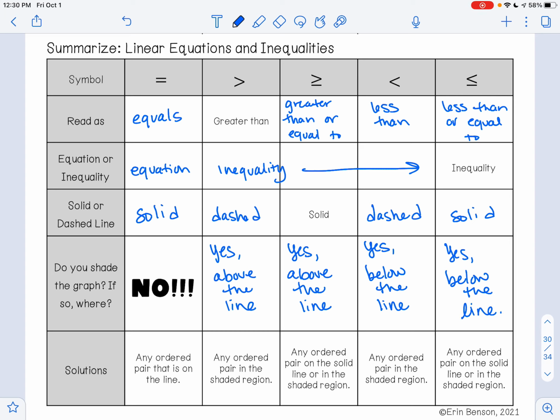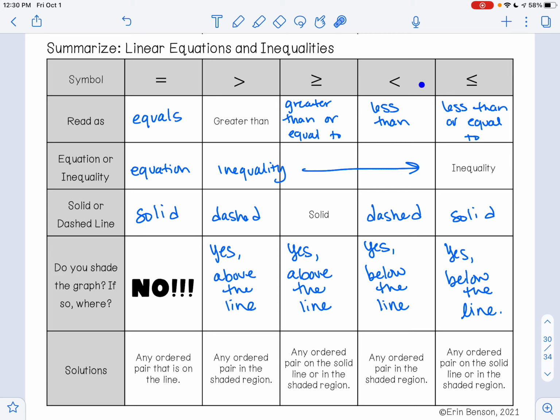And then we need to figure out what our solutions are. When you have an equation, your solutions are any ordered pair that is on the line. For greater than, your solutions will be any ordered pair in the shaded region. For greater than or equal to, your solutions will be any ordered pair that is on the solid line or in the shaded region.